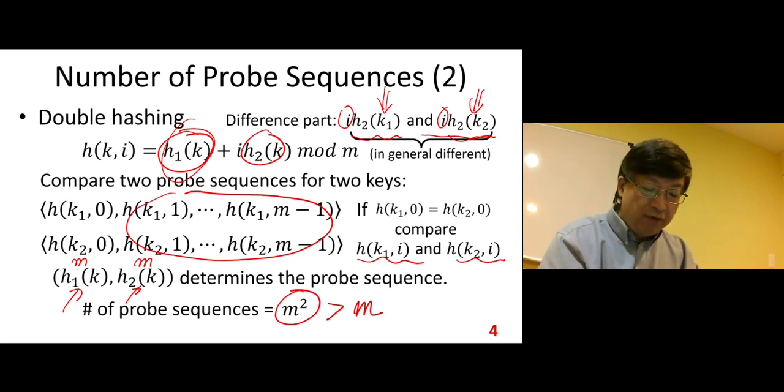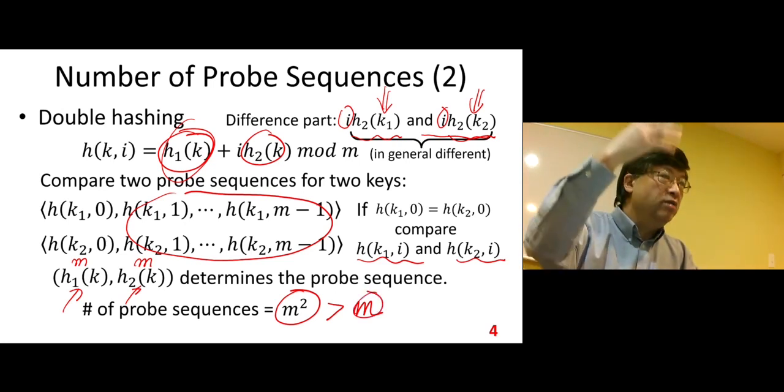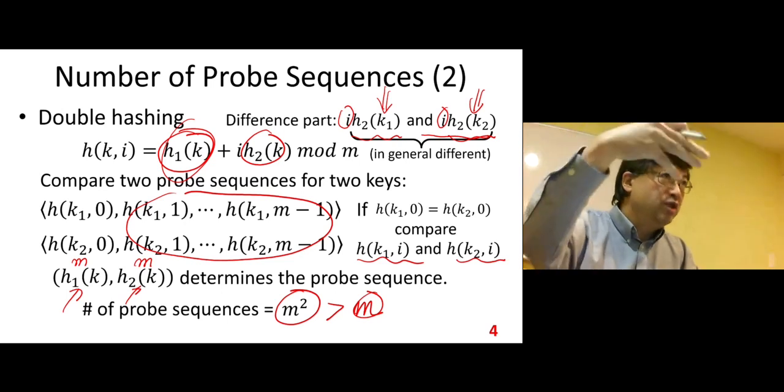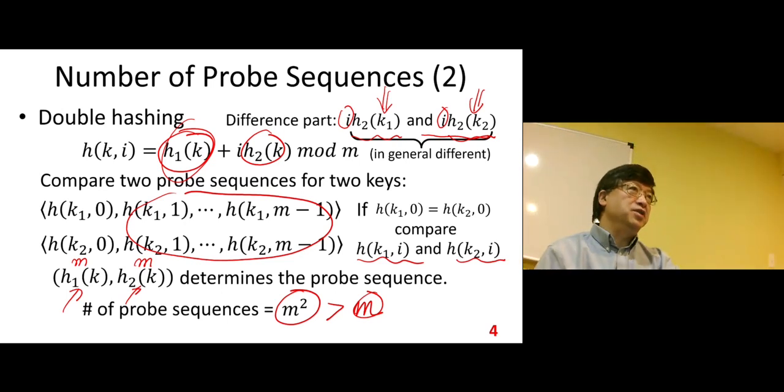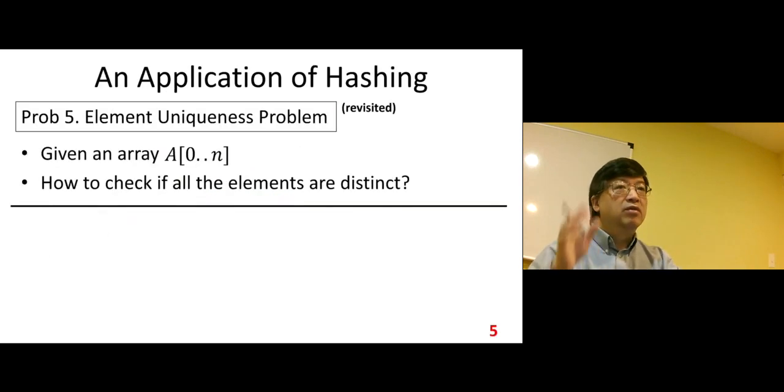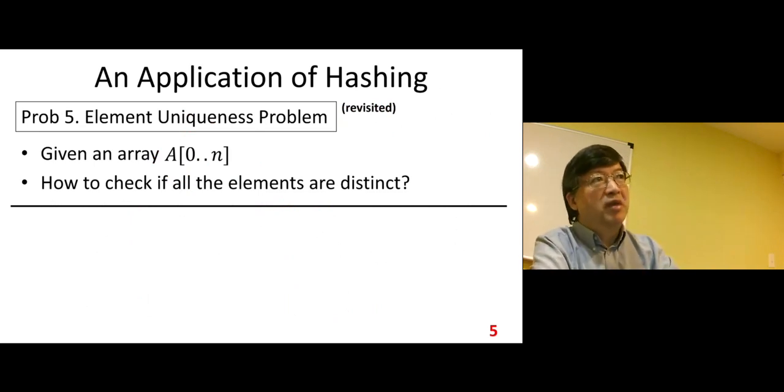With a smaller number of probe sequences, the collision problem will be more severe. So that's the basic analysis. You can see the double hashing method is much better, right? So finally, we find one that performs pretty good, so we can take it.